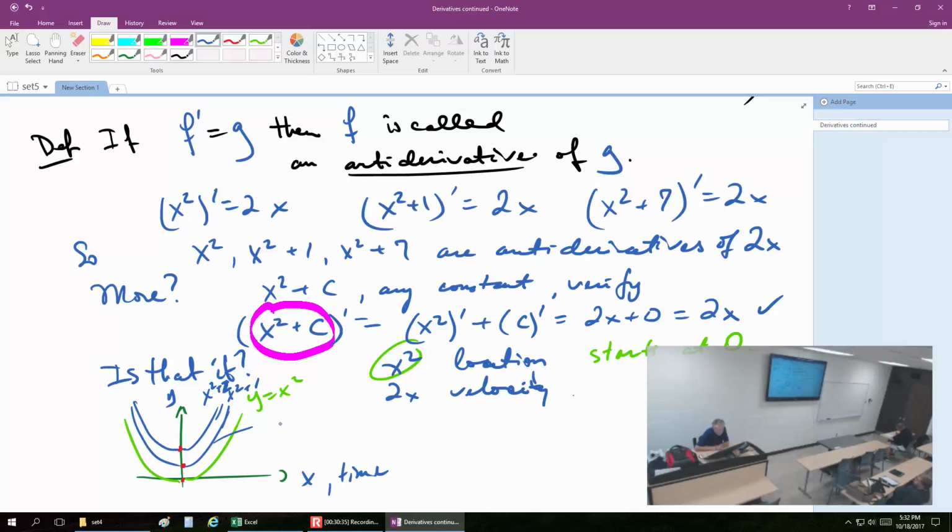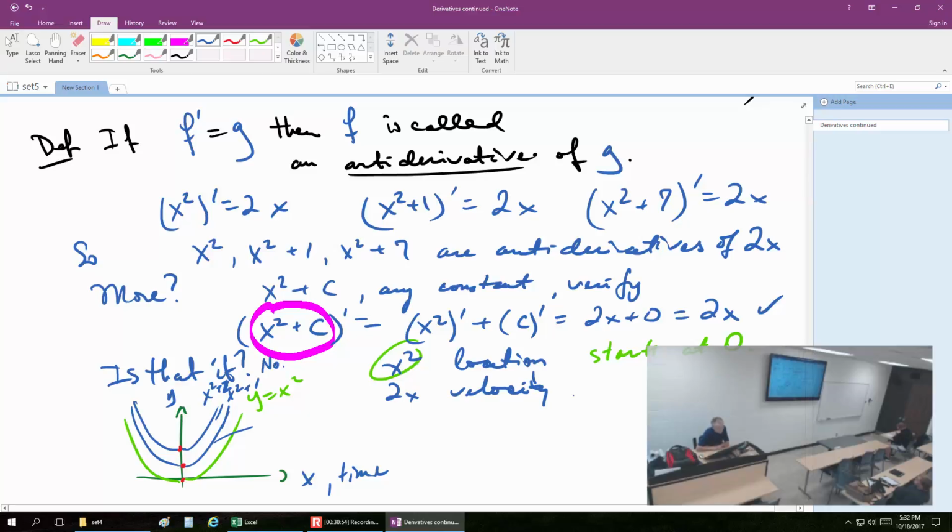So that is the plausibility test of what we're trying to say here, and the answer is no. There are no other antiderivatives of the function 2x, just x squared plus c, the end.